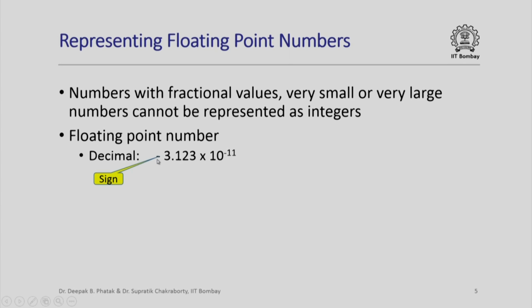The first is the sign, this is a negative number. Then we have this 3.123, which is also called mantissa, and then we have the base, which is 10 here, and finally we have the exponent, which is minus 11 here.